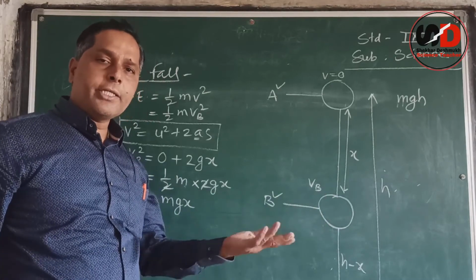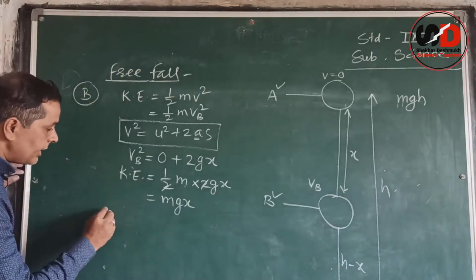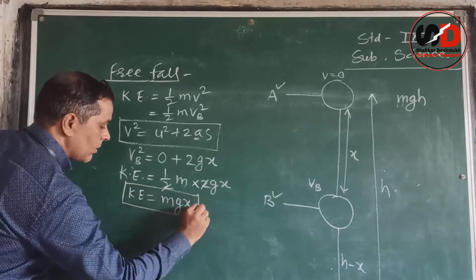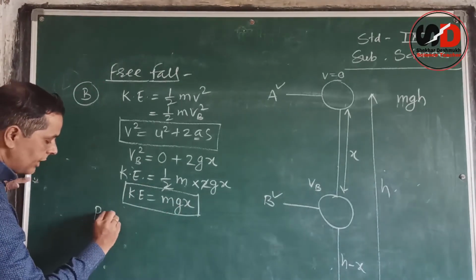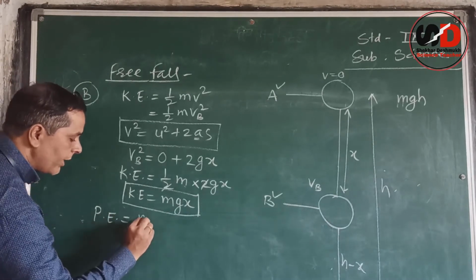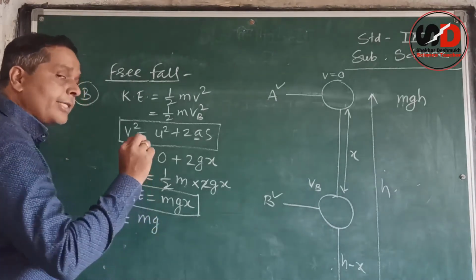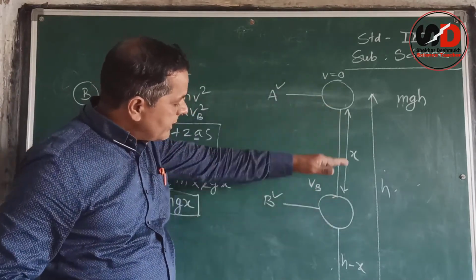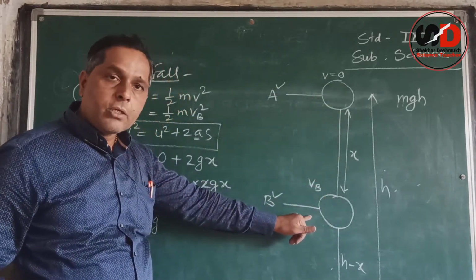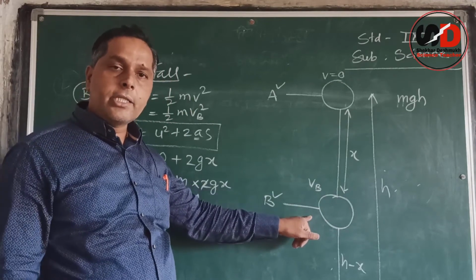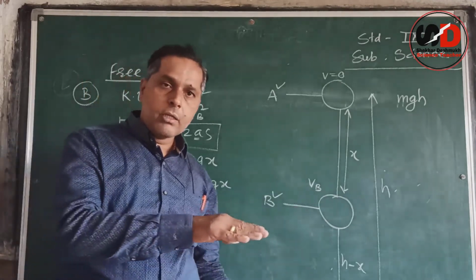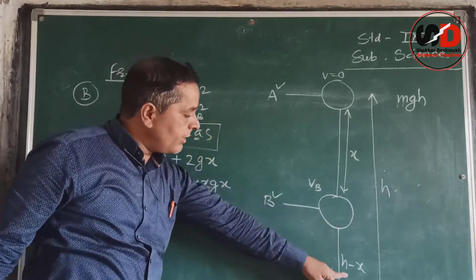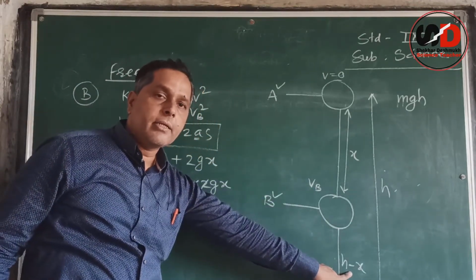Now calculate the potential energy here. What is potential energy? Potential energy is equal to mgh. H means height. The ball is present at position B. What is its height? Where do we measure height from? From the ground upwards, that is, how high it is from this position. It is h minus x.